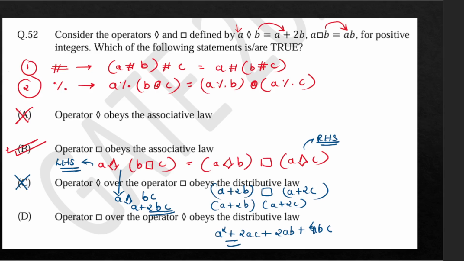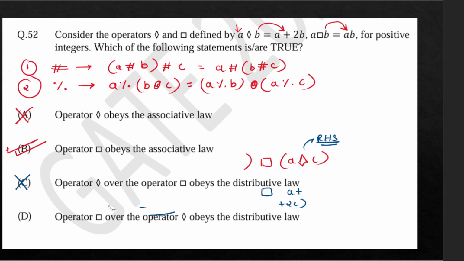Now similarly, can you check for D everyone? So I am giving a minute. So please check for D whether you can do it or not, and let's verify when I will be solving this.